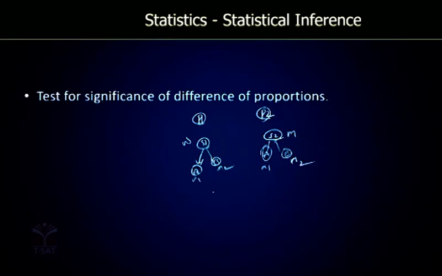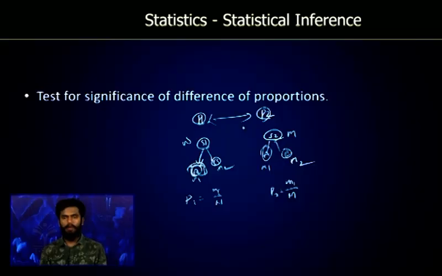Now here what is the proportion? It is N1 by N. And here what is the proportion? M1 by capital M. Now let us consider this is proportion P1 and this is proportion P2. Now we have to test whether the proportion of A newspaper readers in the 2 populations is the same or not.